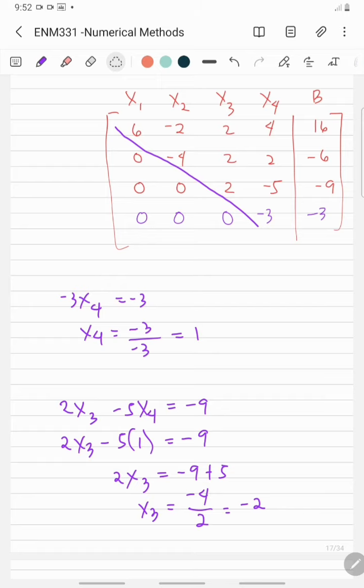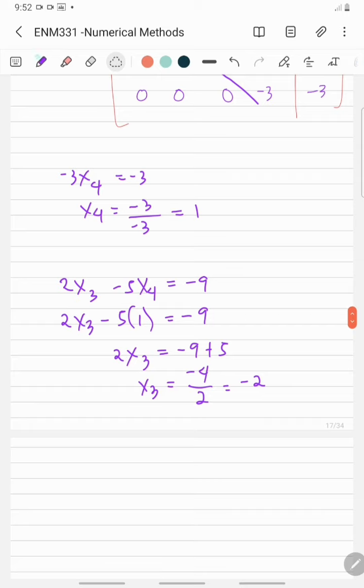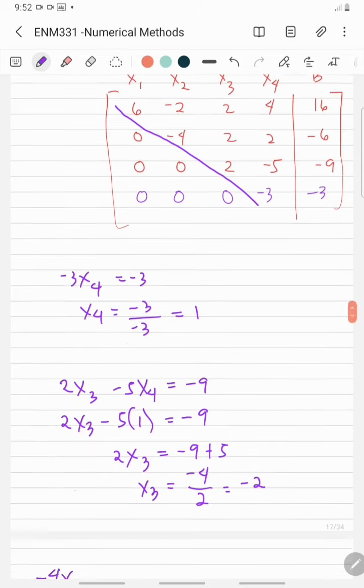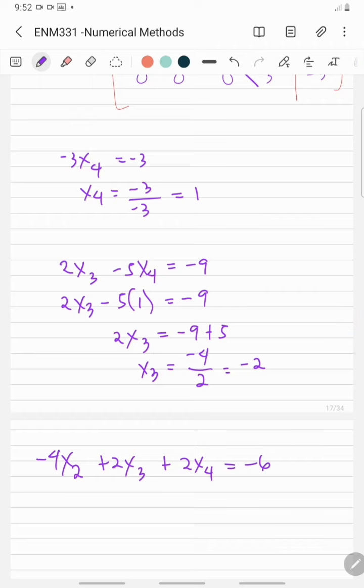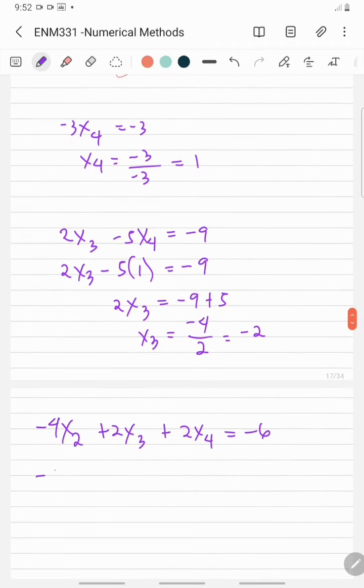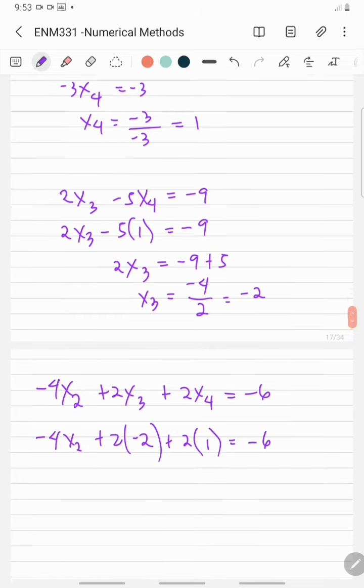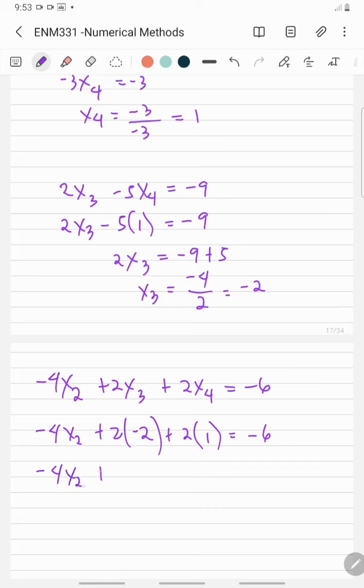Okay, then we will substitute again the values of x3 and x4 to the second equation, which is -4x2 plus 2x3 plus 2x4 is equal to -6. So we have -4x2, plus 2 times x3, which is -2, plus 2 times x4, which is 1, equal to -6.